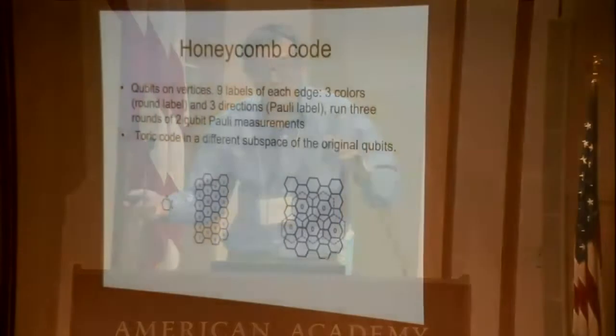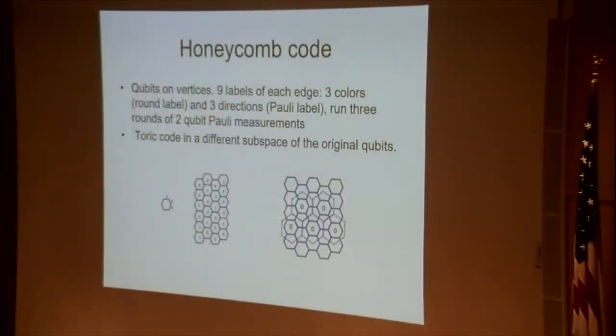And you can show this is a trivial subsystem code. But dynamically, this has a toric code ground state. And the toric code is not in this particular way. It's on some kind of coarse-grained lattice. It's on this bigger Honeycomb lattice. And there's a standard toric code there. So every time you measure, you change the toric code subspace within this bigger Hilbert space.